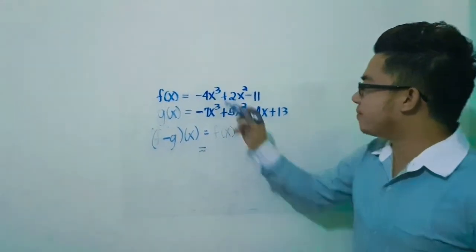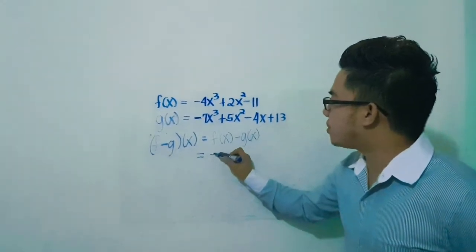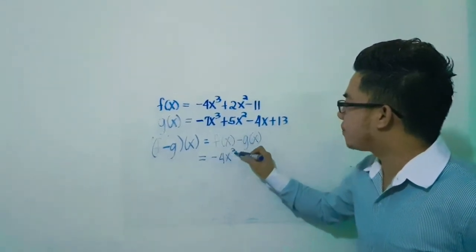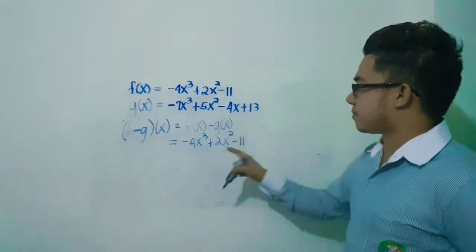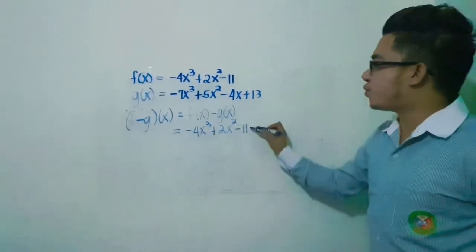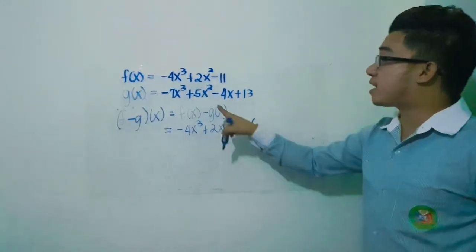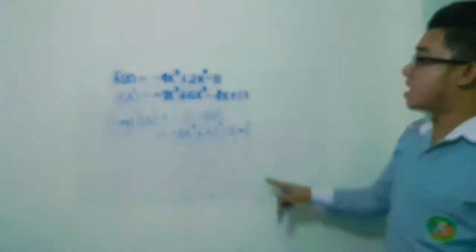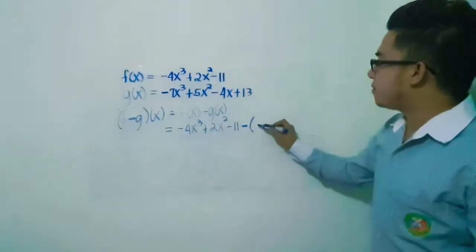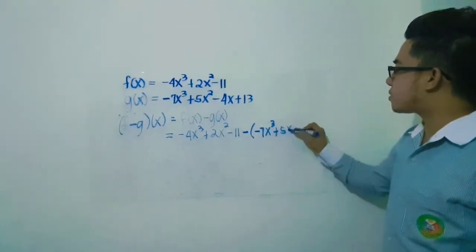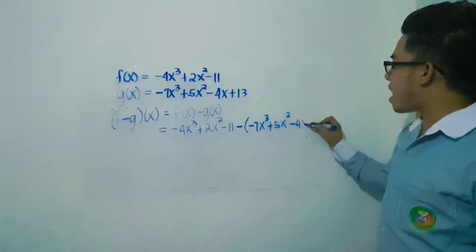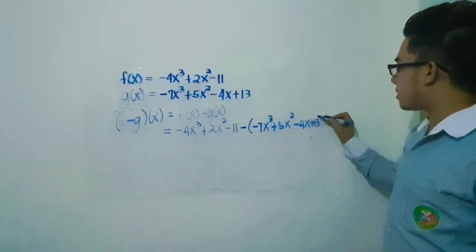So we will be having f of x is equal to negative 4x cubed plus 2x squared minus 11. Since the operation is subtraction, we are going to enclose the second expression into parentheses. We have negative 7x cubed plus 5x squared minus 4x plus 13.